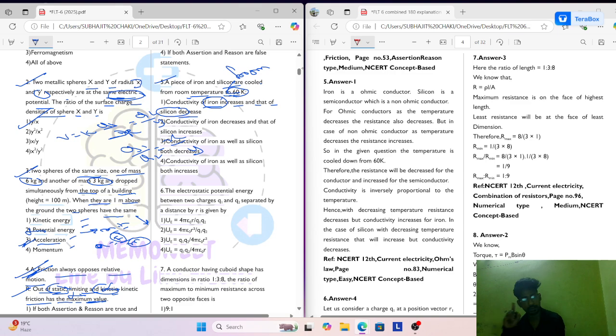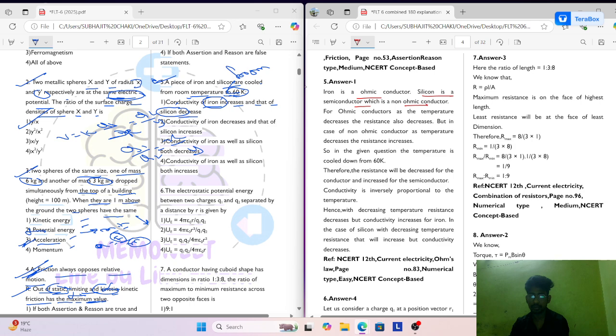As the temperature rises, the resistance of a conductor always increases, but in a semiconductor it decreases. Iron is an ohmic conductor, and silicon, a semiconductor, is a non-ohmic conductor.